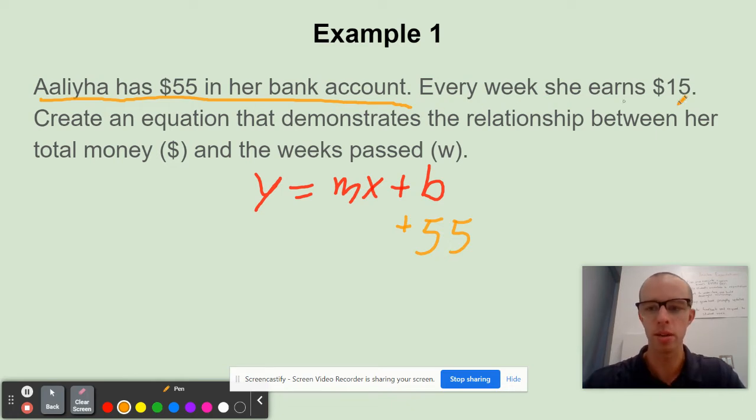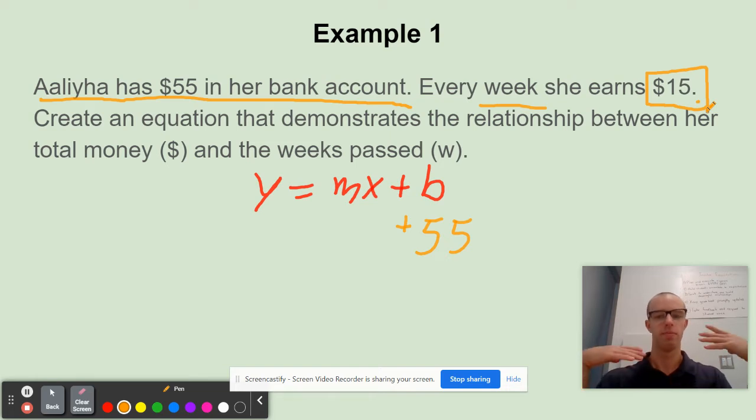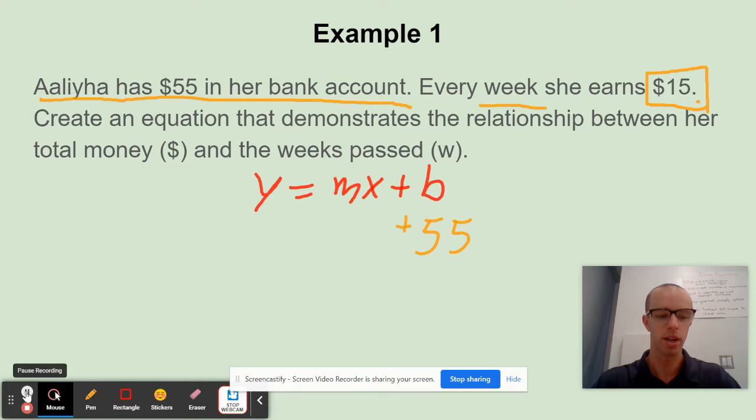Now this part's a little bit trickier. Every week she earns $15. So if I said, how much money has Aaliyah earned in 2 weeks, you'd do 15 times 2. If I said, how much money has Aaliyah made in 3 weeks, you'd do 15 times 3.